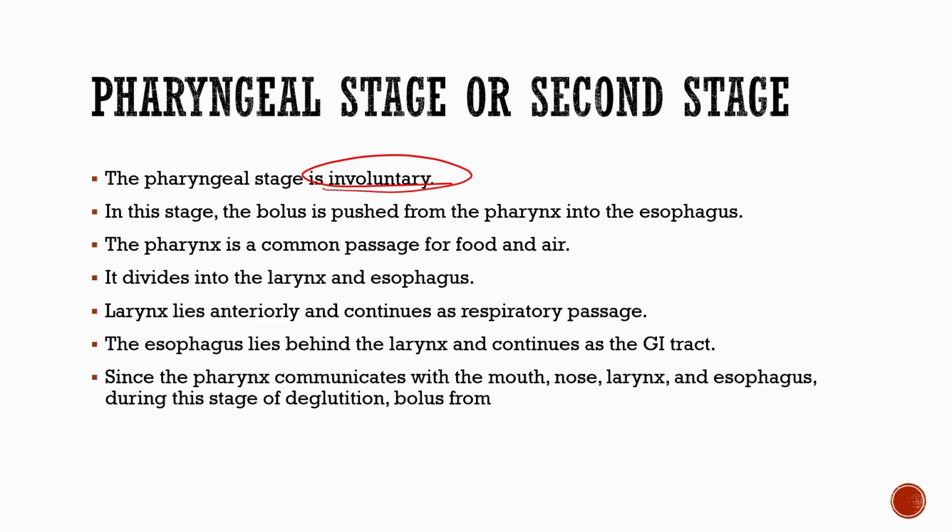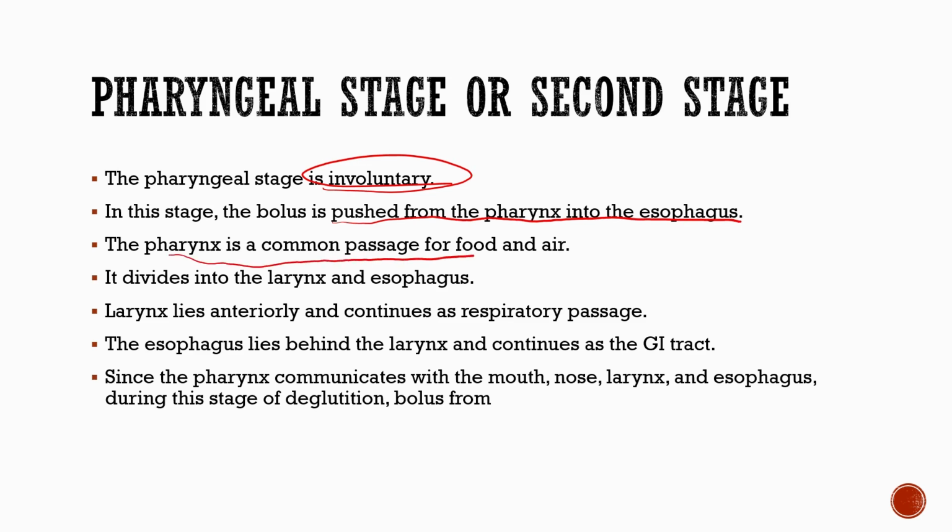Just like blinking your eyes, you can hold it for some time, but it will eventually start again. Or the heart beating, or peristaltic movements in your body. These are involuntary actions. In this stage, the bolus is pushed from the pharynx into the esophagus.